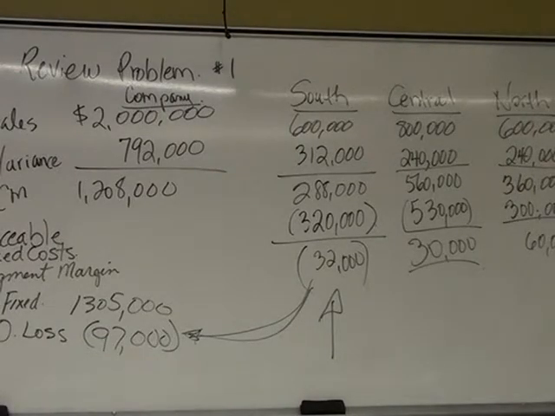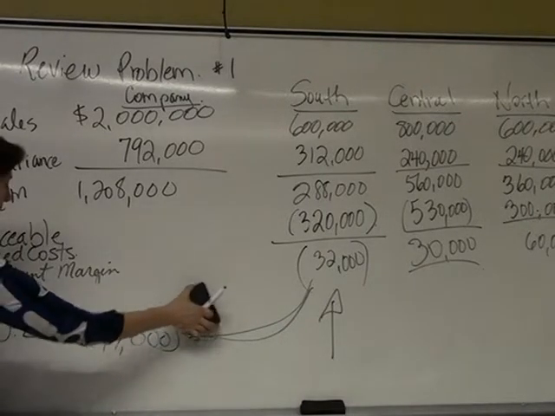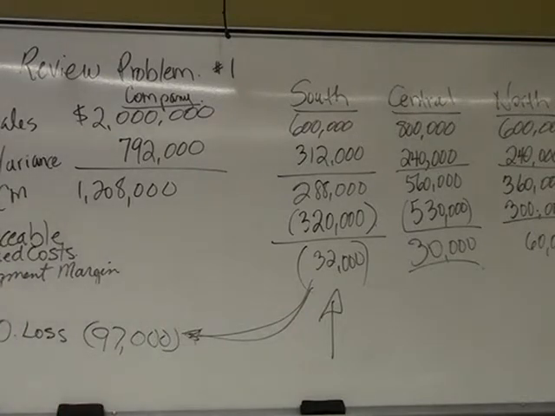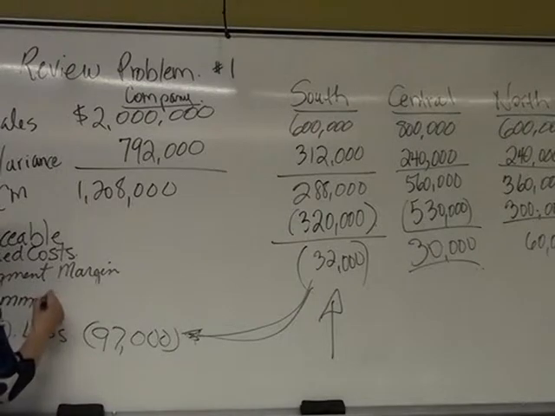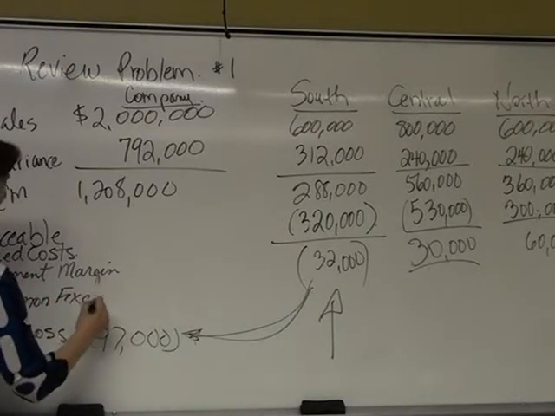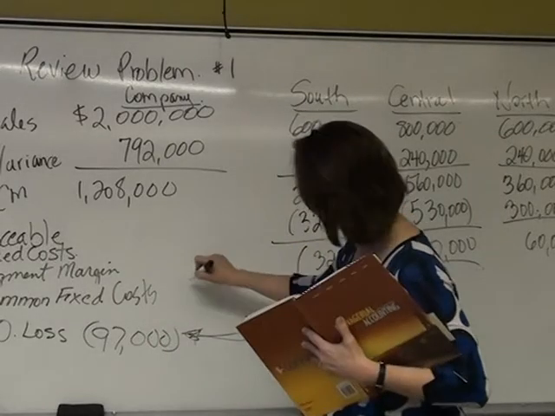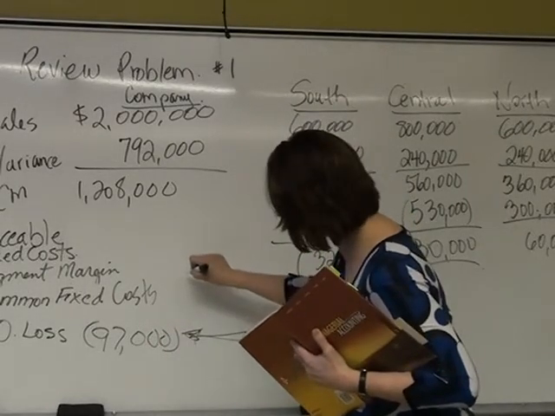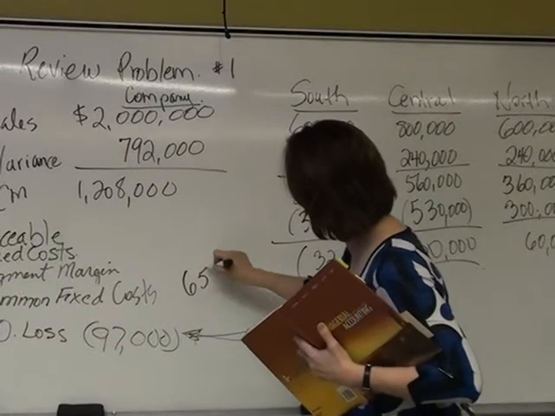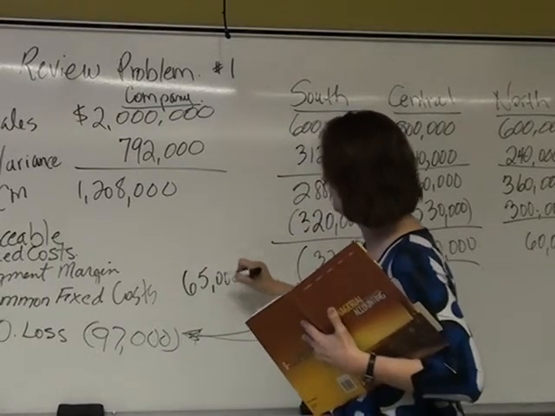And so how much are they? Pardon? How would you calculate the common fixed costs if you weren't given them? Total operating income.